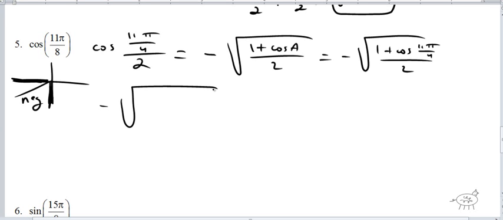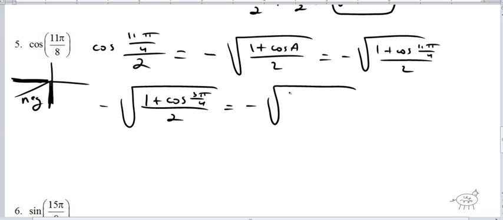Cosine of 11 pi over 4, that's bigger than 2 pi, so I'm going to do coterminal with that. I'm going to subtract 2 pi, which is subtracting 8 pi over 4. So you get 1 plus, and if I subtract it, I get cosine of 3 pi over 4 over 2. So cosine of 3 pi over 4 is here, and cosine is negative there, so it's 1 minus root 2 over 2 over 2.